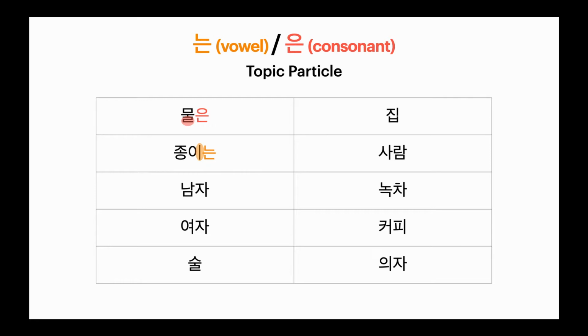How about 남자, man? 남자는. 여자, 여자는. 술, the word for alcohol, 술은. How about 집, house? 집은.